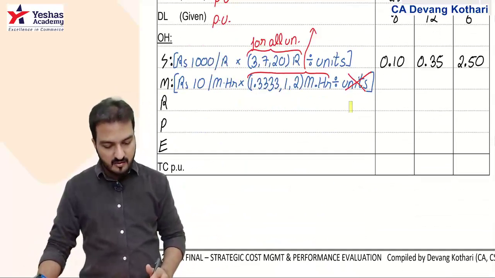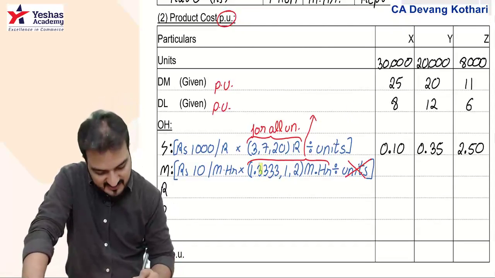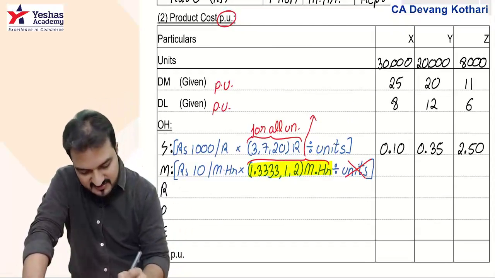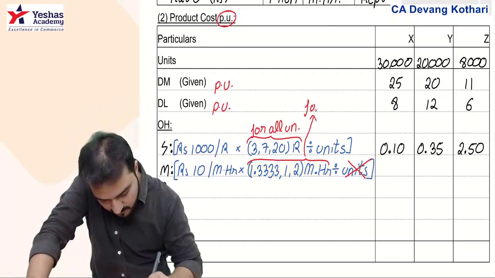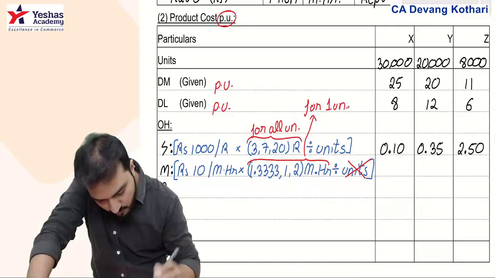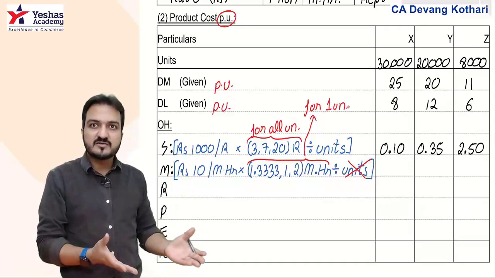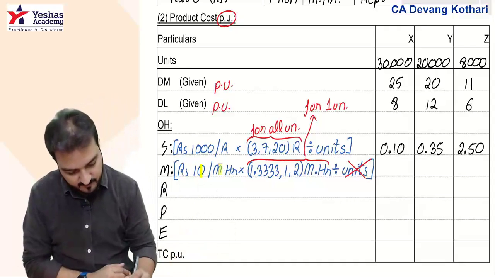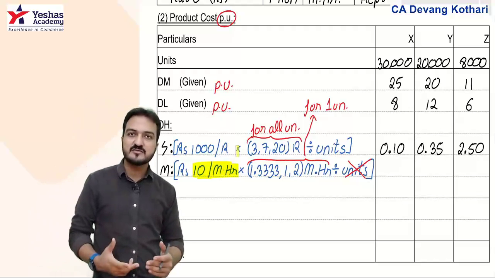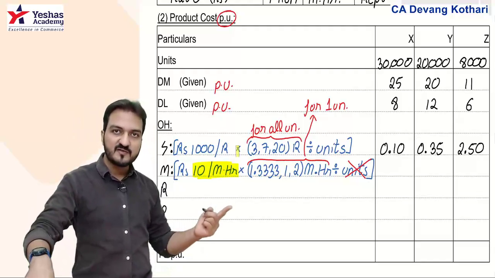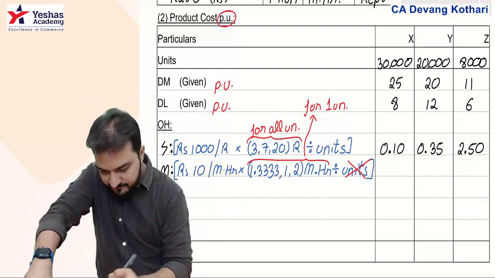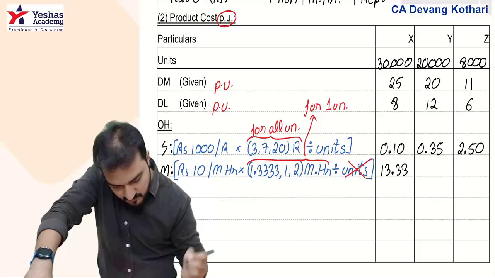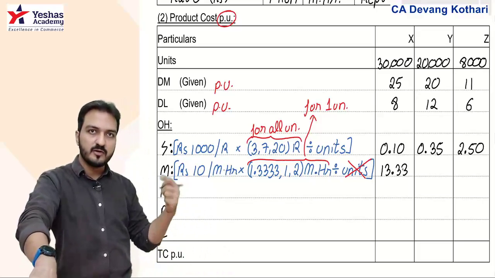So it is clearly evident here that these machine hours given here is for 1 unit only. If this machine hours is for only 1 unit, then this machine hours into 10 rupees, when I do, the cost that I get is the cost for only 1 unit. 1.33 into 10 gives me 13.33 is my cost for 1 unit of X.